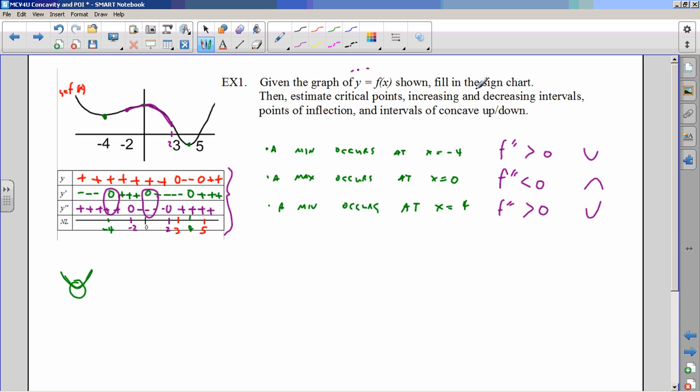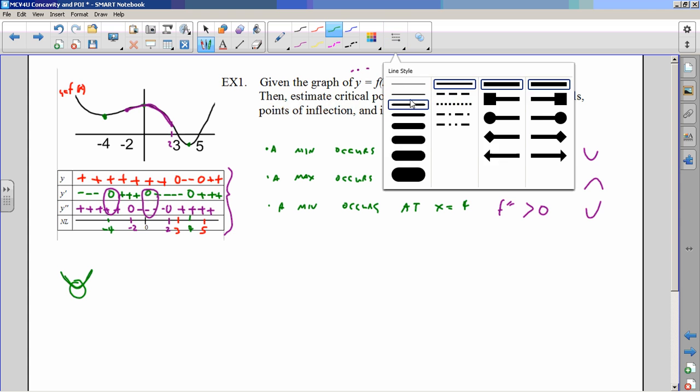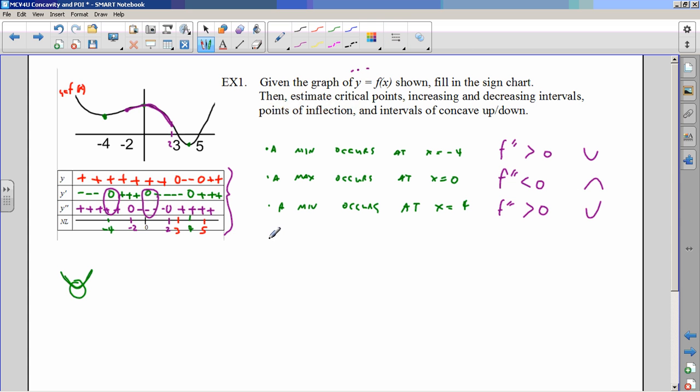Increasing and decreasing intervals. Well, which fact gives us increasing and decreasing intervals? Well, that's the first derivative. We've been talking about that for a few days. So f increases on -4 to 0, right? -4 to 0, and then 4 and up.